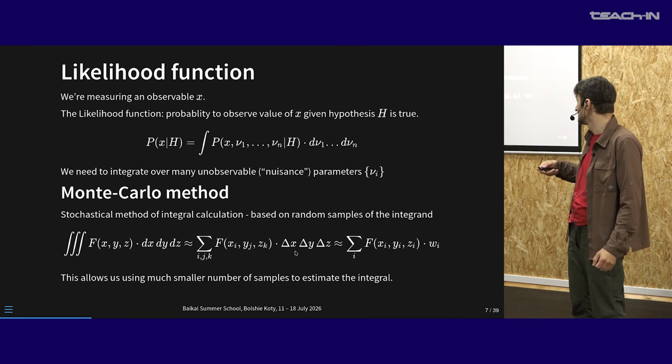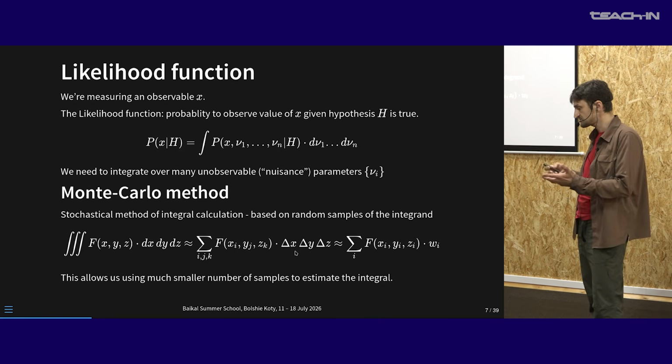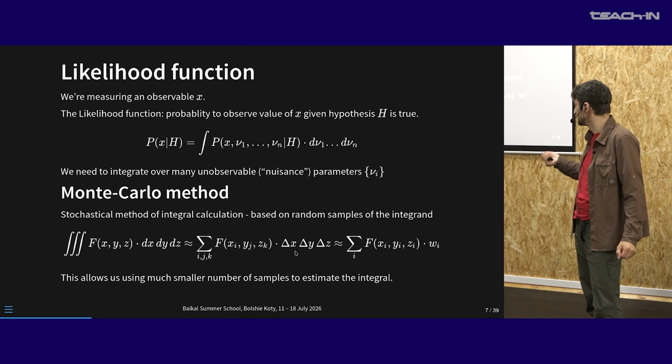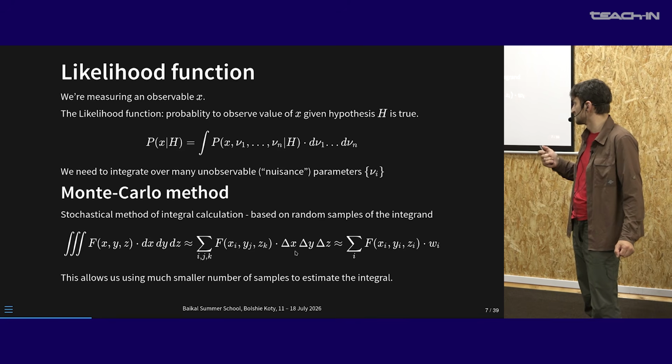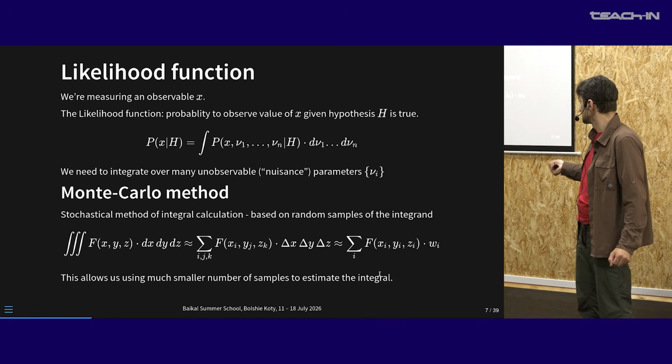But Monte Carlo is one of the methods which allows you to reduce the number of samples. And in the Monte Carlo method, these samples are chosen randomly, and they are used to estimate the integral.